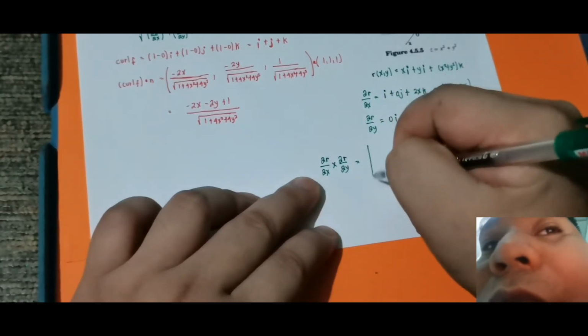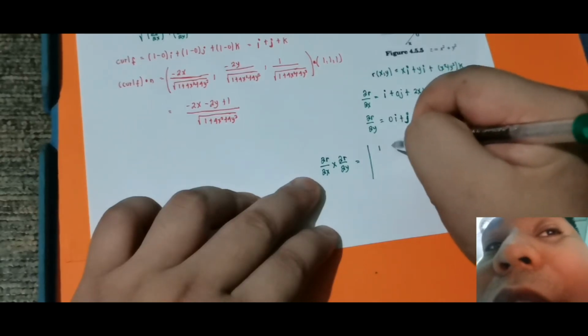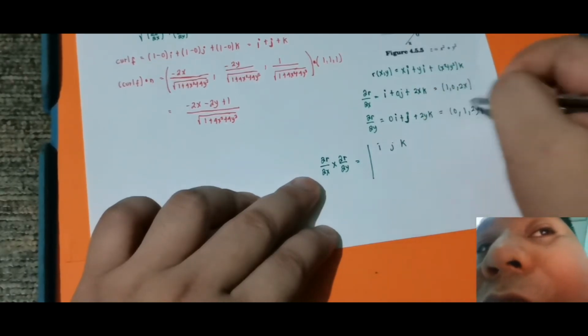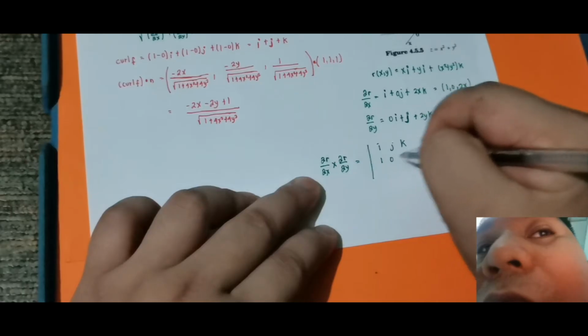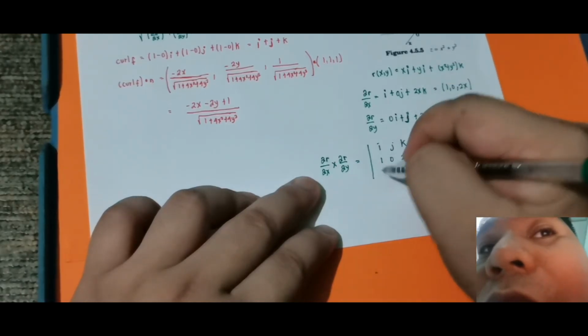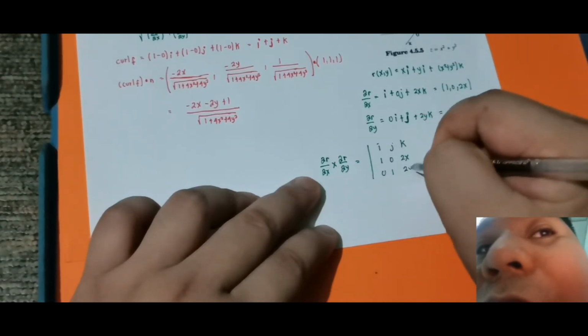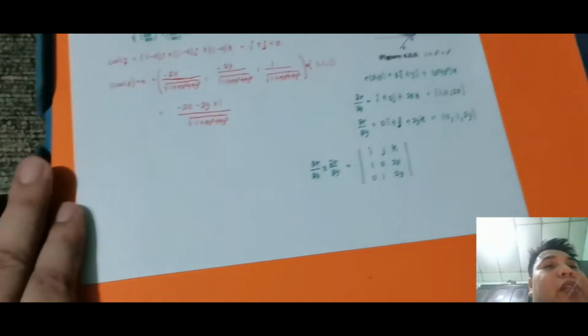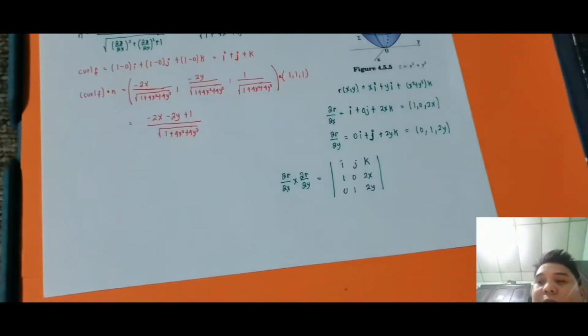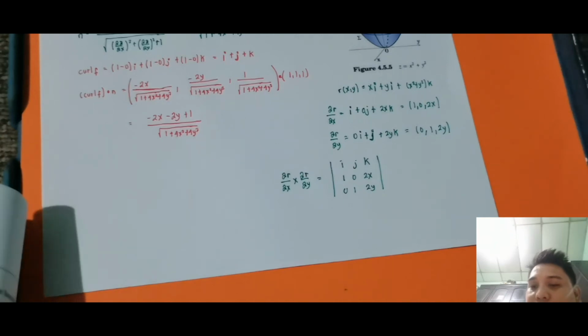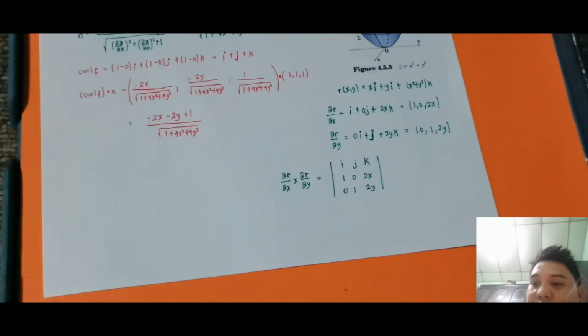So this is equal sa determinant ng i, j, k; 1, 0, 2x; 0, 1, 2y. Assuming nag-undergo na ako ng process ng cross product, okay na mag-skip kasi medyo mahaba.